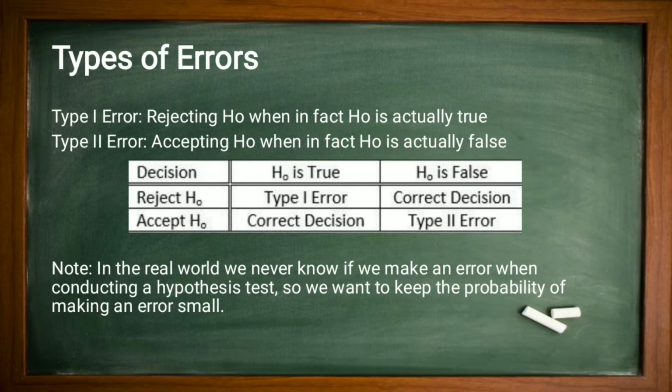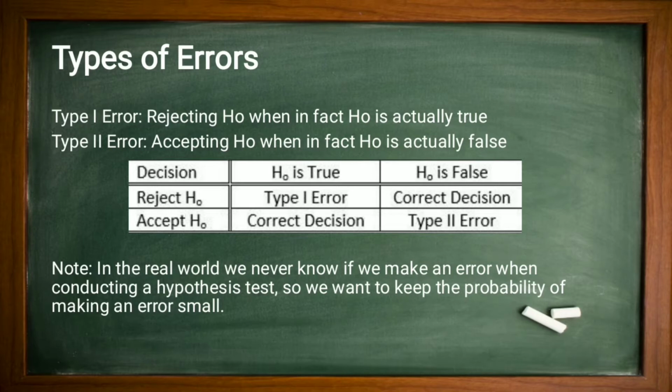It says there, decision: reject the null hypothesis and accept the null hypothesis. So in calculating our test statistic, we have 2 possible outcomes for our test: reject the null hypothesis, and accept the null hypothesis.